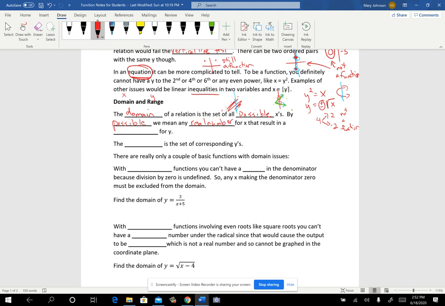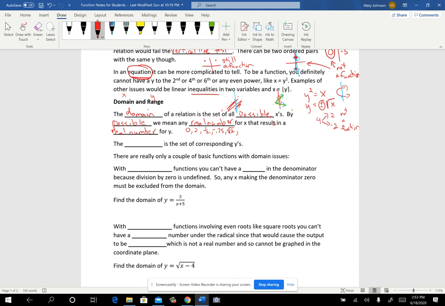Remember, real numbers can be nice, like 0 and 2, but they can be fractional, they can be negative, they can be decimals. They also can be pretty bad, like square root of 2 or square root of 21. They can be rational or irrational. They're just not imaginary. So for possible, we mean any real number for x that results in a real number for y.